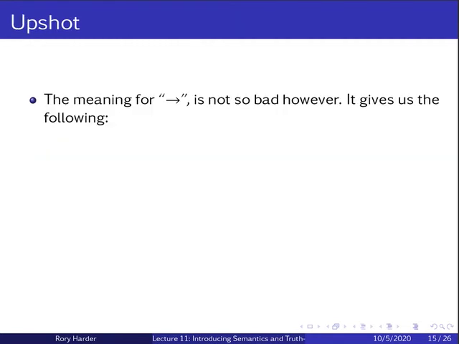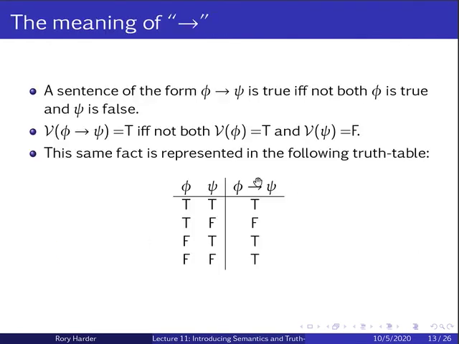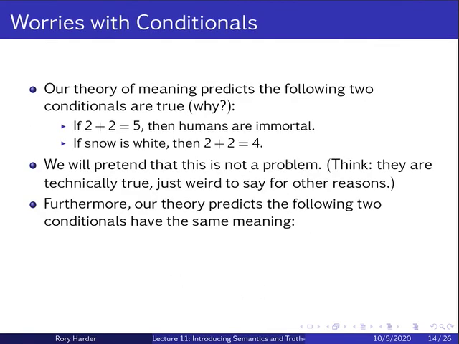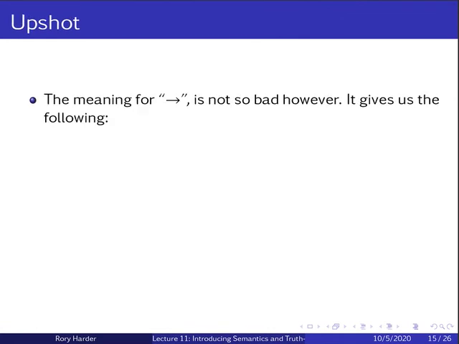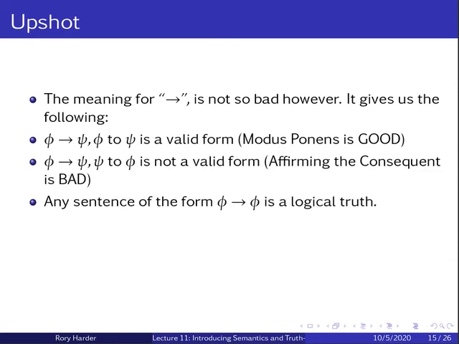Okay, so I want to conclude this video. I want to say a few words in defense of, or trying to explain why we have, this very strange truth table as the meaning of the conditional, despite these obvious problems with it. So as we will see, when we develop the tools of how to construct truth tables for arbitrary sentences, and using that method of constructing truth tables to test for semantic notions, what we will see is that this meaning that we've given for the conditional results in the following.